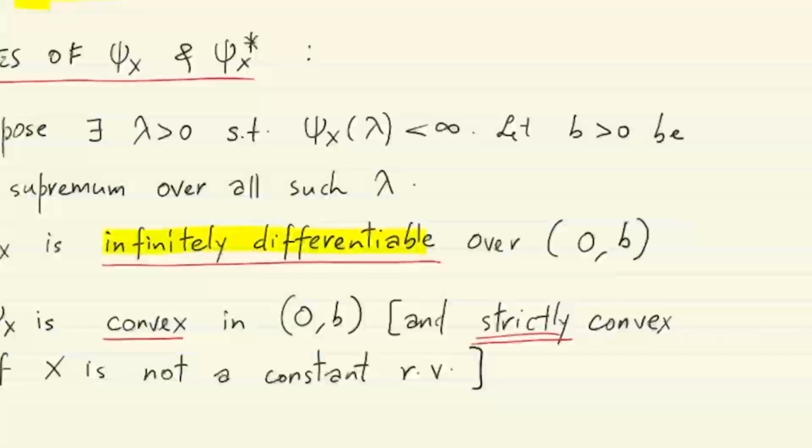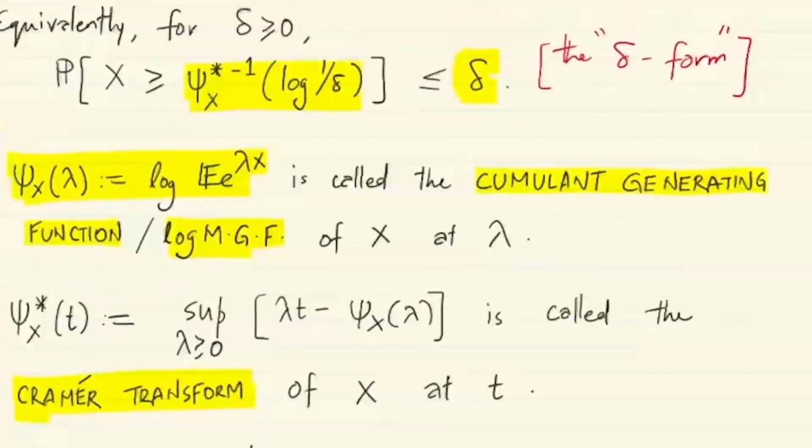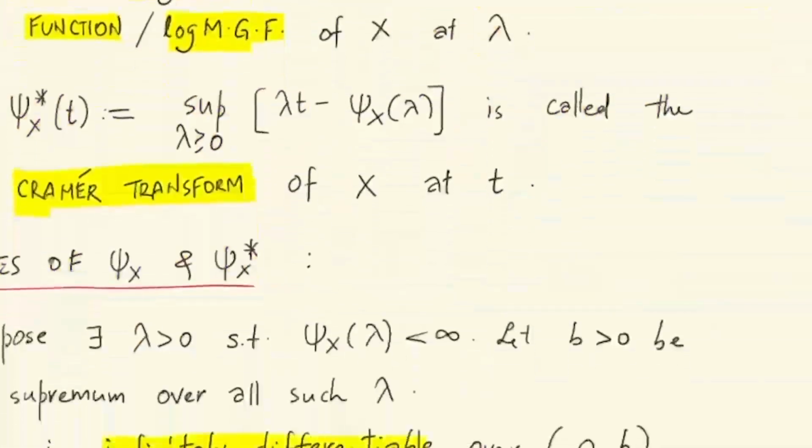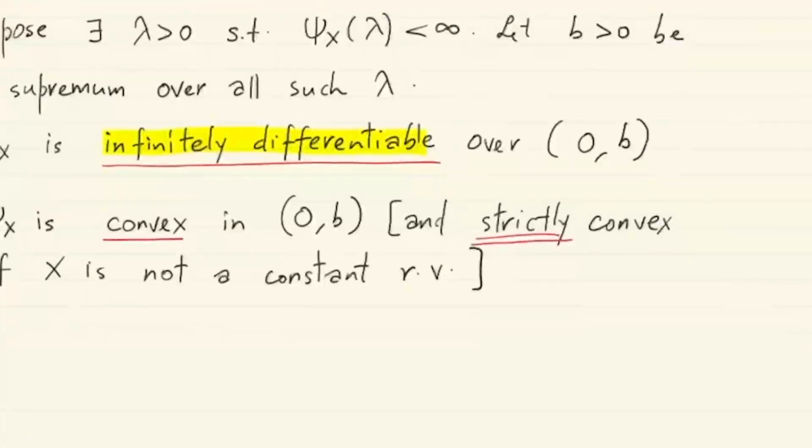This is not very surprising because Cx is the log of the expected value of e raised to lambda x, and wherever this is finite, the exponential is a very well behaved function in its domain of convergence, and it can be differentiated and integrated infinitely often. So, Cx of lambda just inherits the smoothness properties of the exponential function. Okay, you can think of it in that way.